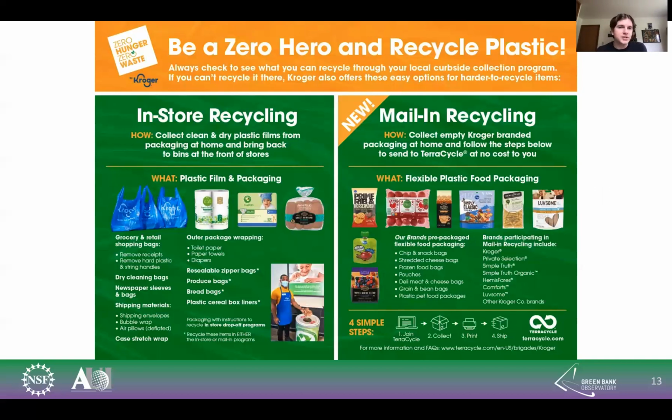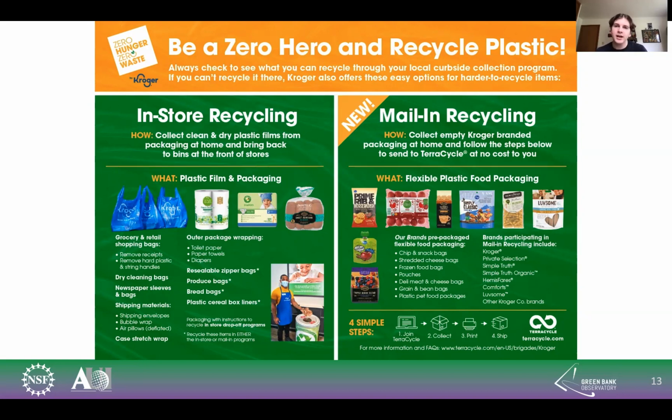So as I mentioned, a lot of stores, like grocery stores, are offering various types of recycling, usually right inside their front doors for their shopping bags, as well as various types of packaging for their products.